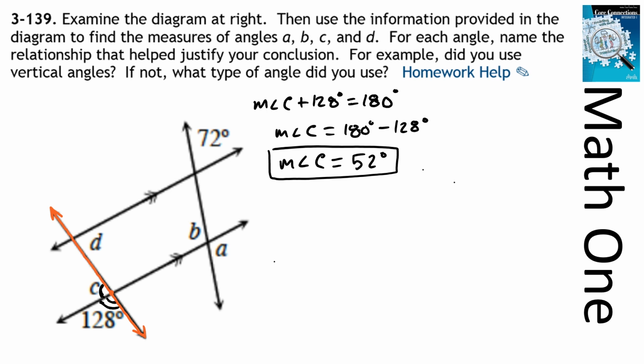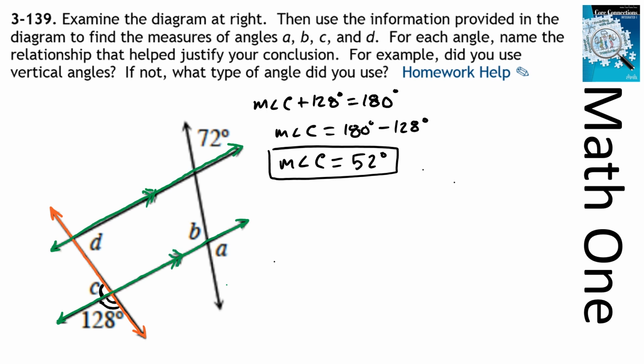Another thing I know is I'm shown that a pair of these lines are parallel to each other. This line is shown to be parallel to this line. The way most textbooks show that is they put these extra arrow things on it.